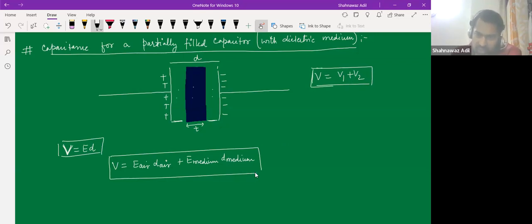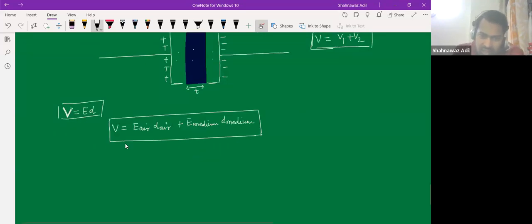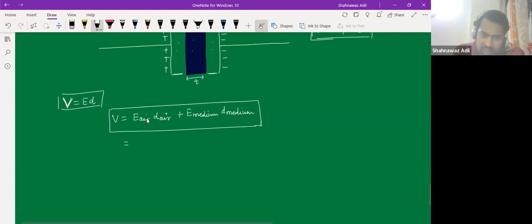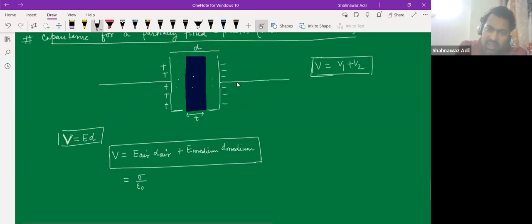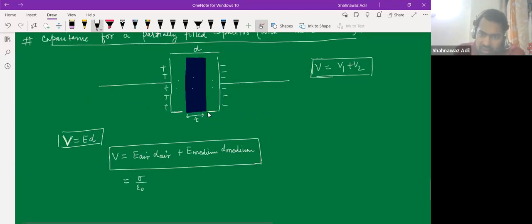So E air is sigma by epsilon naught, and the distance of air is, as we have said, D minus T. Clear?